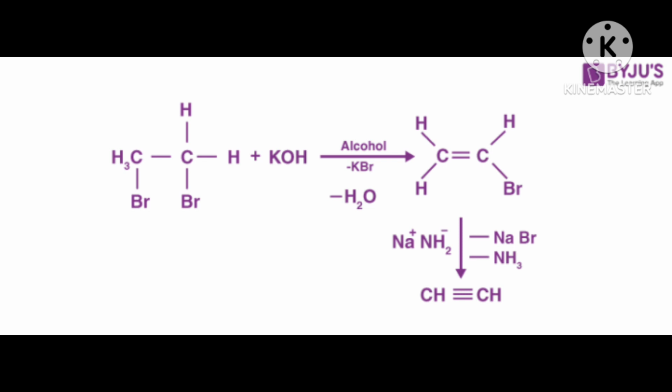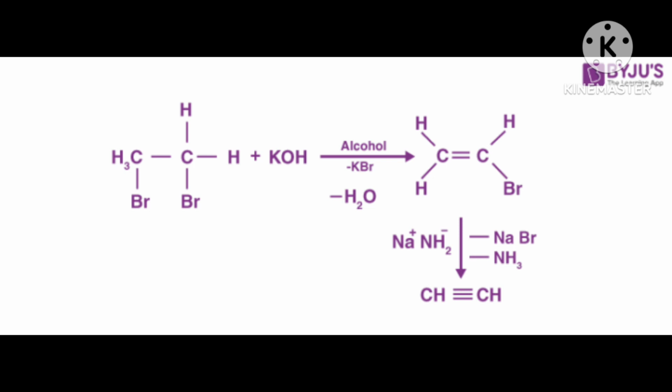Now the second preparation is from vicinal dihalides. A vicinal dihalide on treatment with alcoholic potassium hydroxide undergoes dehydrohalogenation. Dehydro means HX will go. Halogenation, you know, is addition of HX, and dehydrohalogenation means it will go.